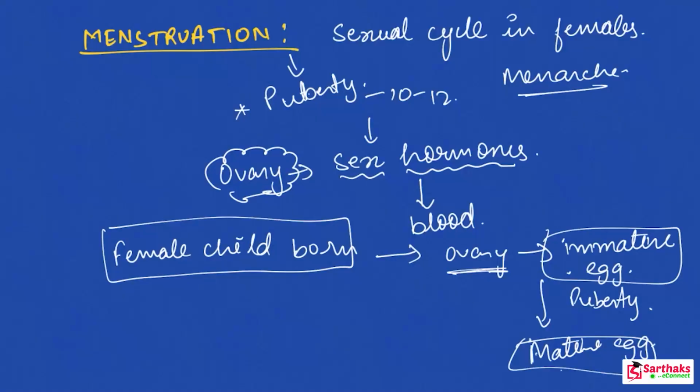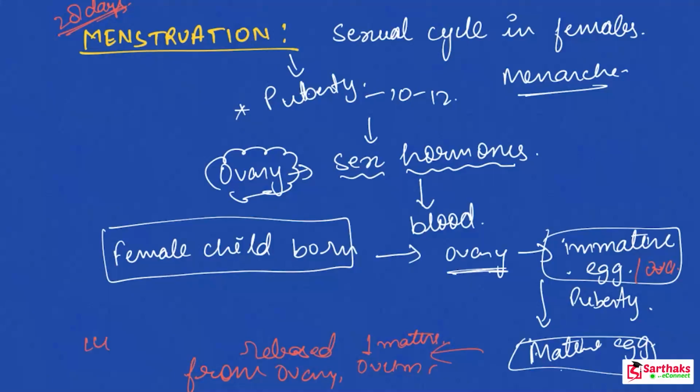There are lots of ova, you can call them eggs also, that start maturing, but only one mature ovum or egg is released from the ovary into the oviduct once every 28 days. Actually, this menstruation is a 28 day cycle, and one mature ovum is released from the ovary.